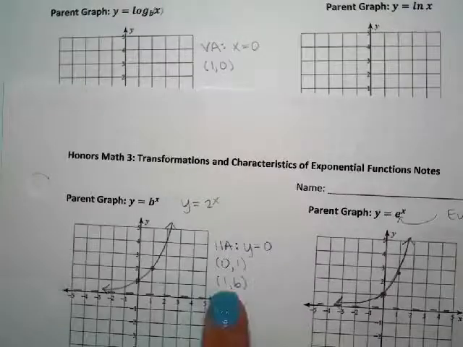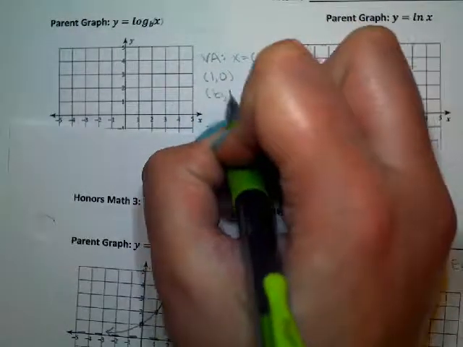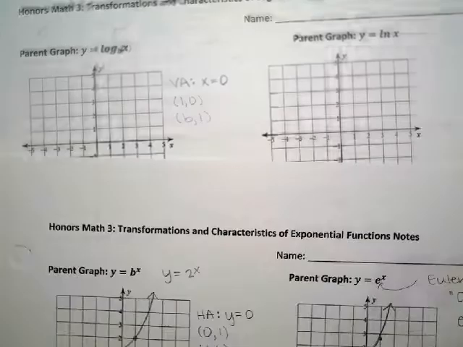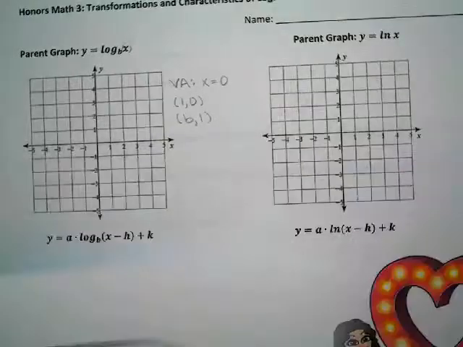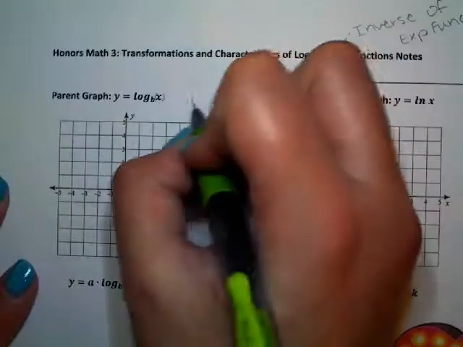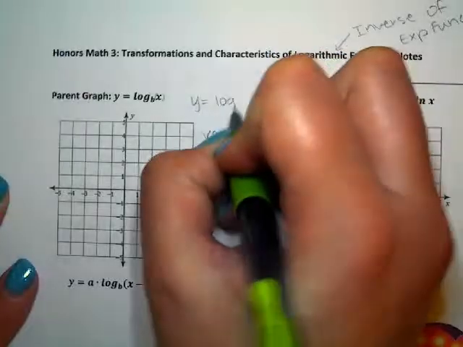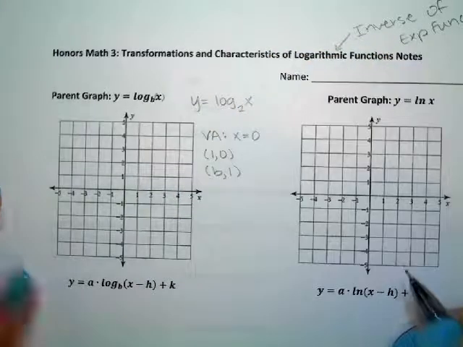And then instead of having the point 1, b, we're going to have the point b, comma 1.